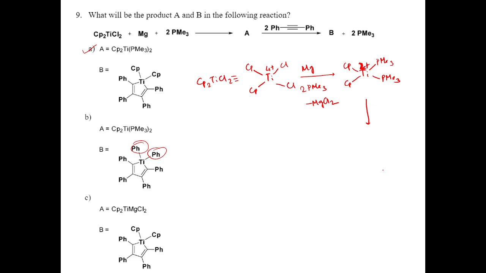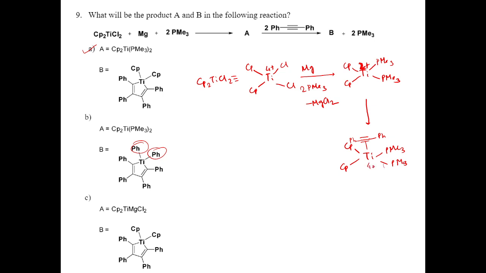So it can bind to another complex, right? So what it can do, first it can do this. So now it is plus 4 state.